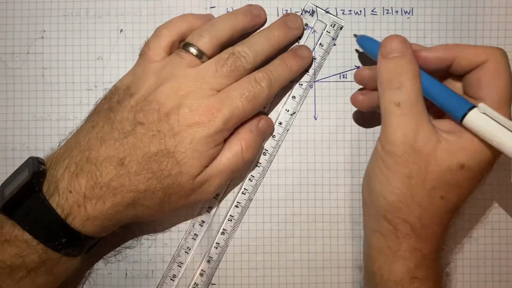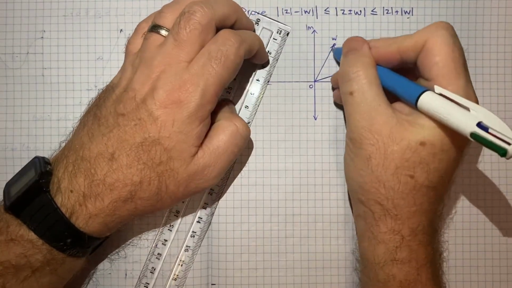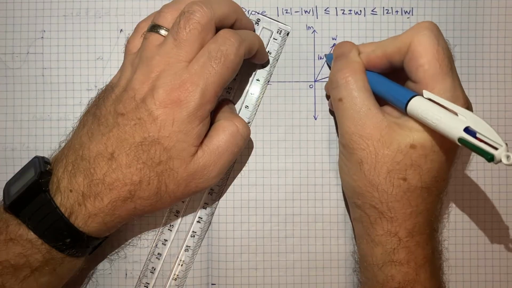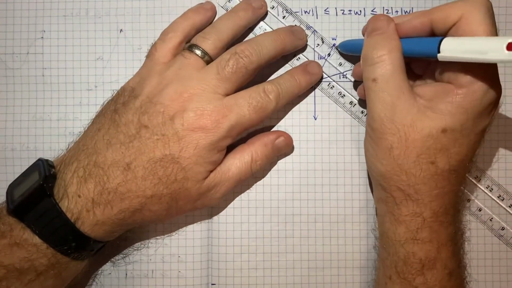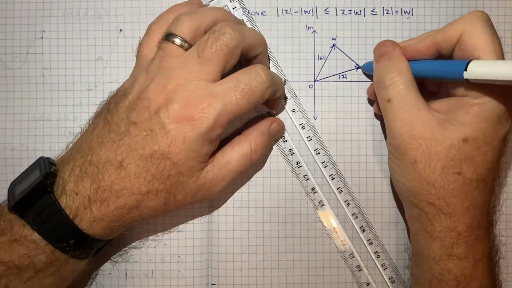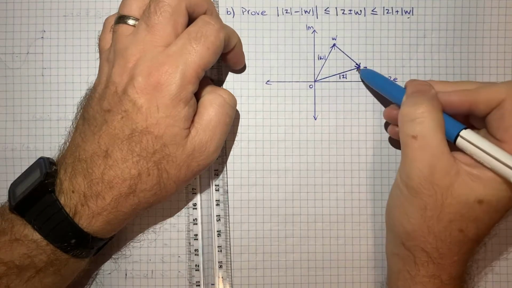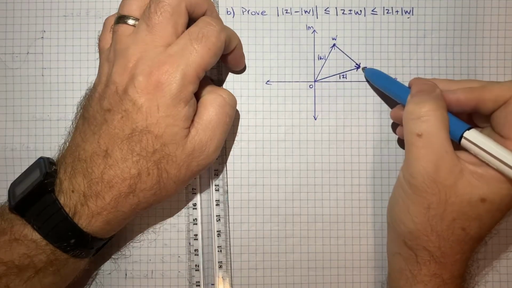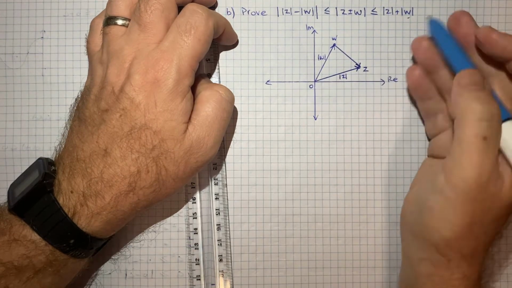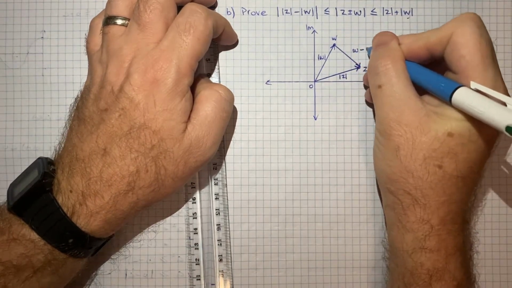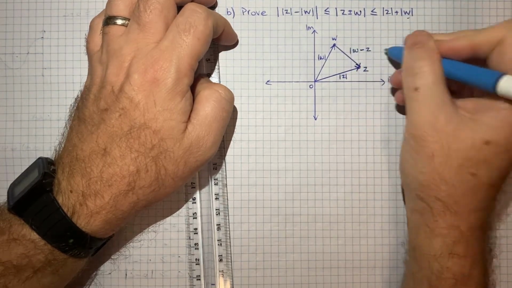And this would be the vector for the complex number w, and the length of this line would be the magnitude of w. If I think specifically about the vector from w to z, so to get from w to z, I could go from w to O, O to z. So that's effectively negative w plus z, or z minus w, would be this vector. So the length of this line would be the magnitude of that.